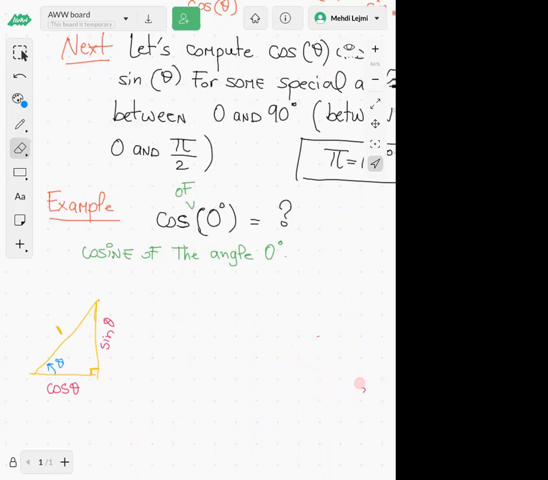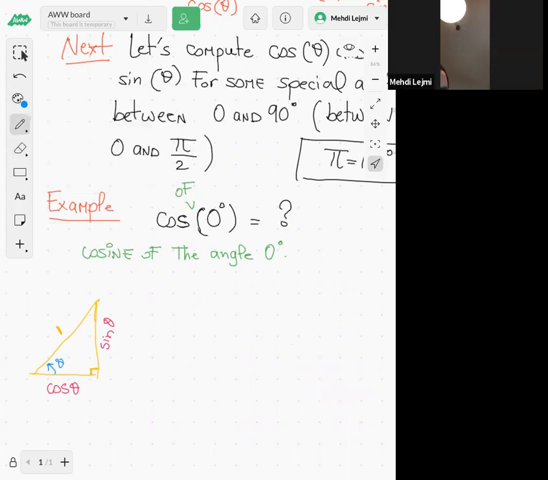So this is supposed to be my initial side. And you can see here, guys, this is my initial side, and this is my terminal side, which is the hypotenuse, right? What I'm saying here is that the hypotenuse and the initial side are going to coincide. This yellow segment is my hypotenuse.